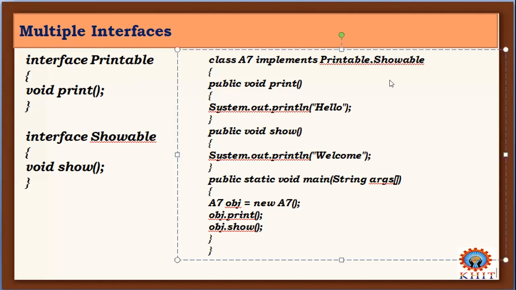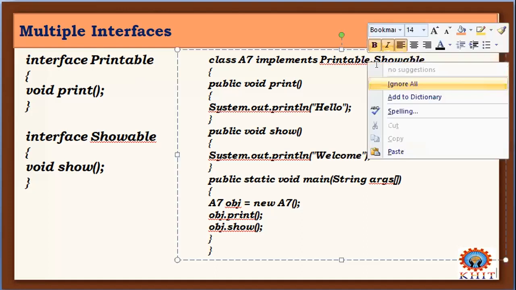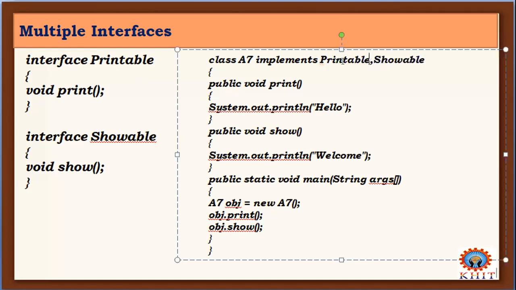Otherwise, if you have only one interface, you simply write that one interface after the implements keyword to show the relationship between the class and an interface.